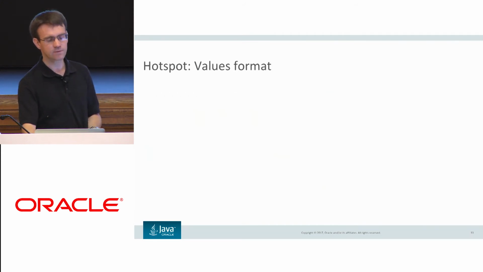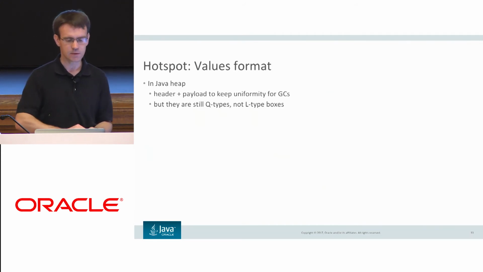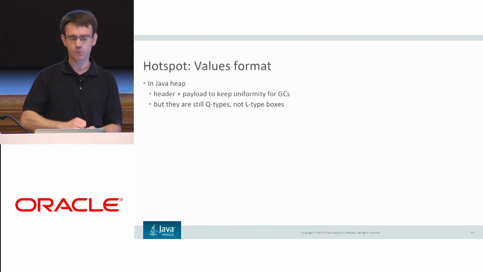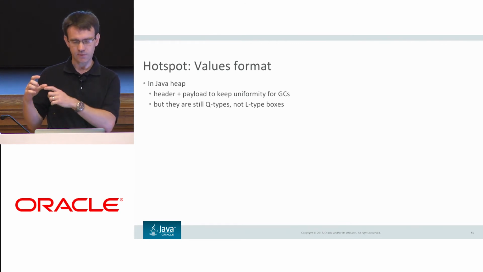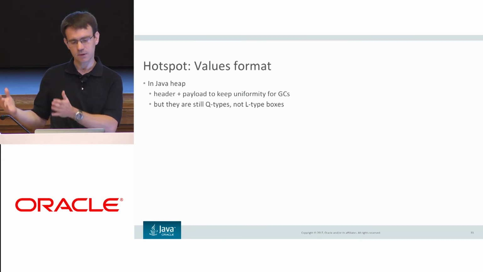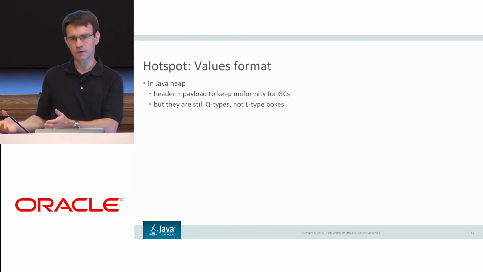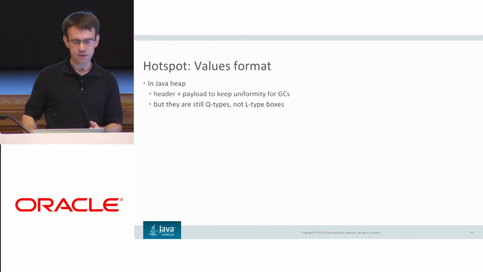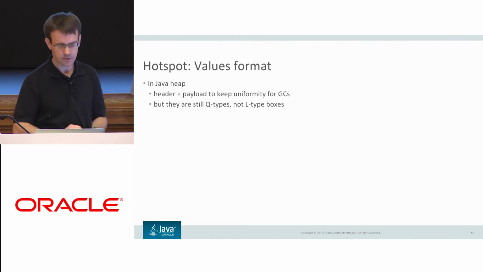So in HotSpot, you can find values in various formats. They are in the Java heap. You find them with a header followed by the fields, just to give uniformity with all the objects allocated in the Java heap. So GC does not need to be modified to handle them. But they are still Q types, they are not L types.